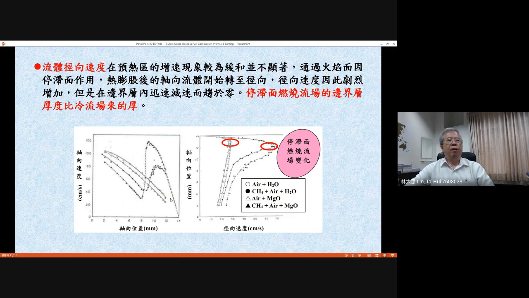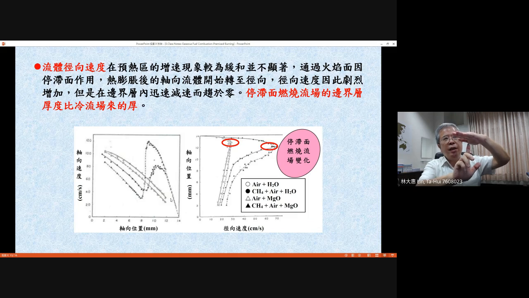And you can figure out for premixed flame, the flow velocity along the normal direction will change pretty much. Initially, if you think about the one-dimensional flow, then the axial velocity, the normal velocity, almost remains constant until they reach the edge of the preheating zone.